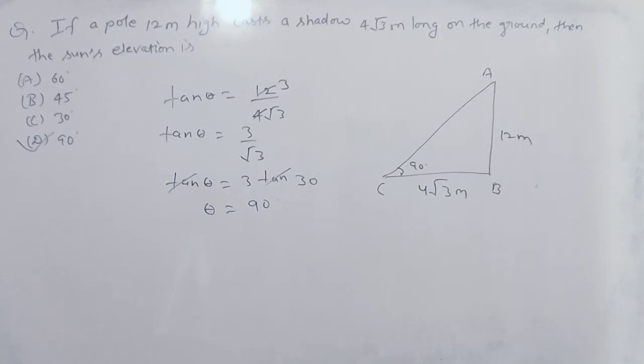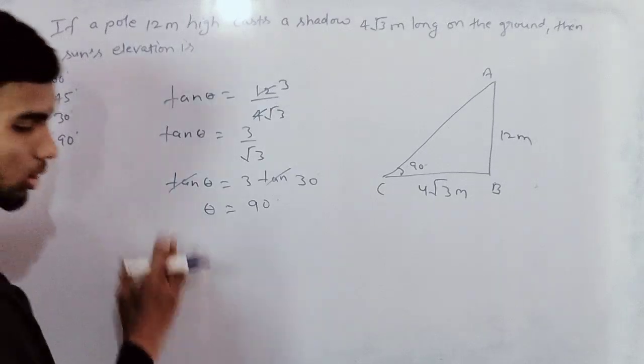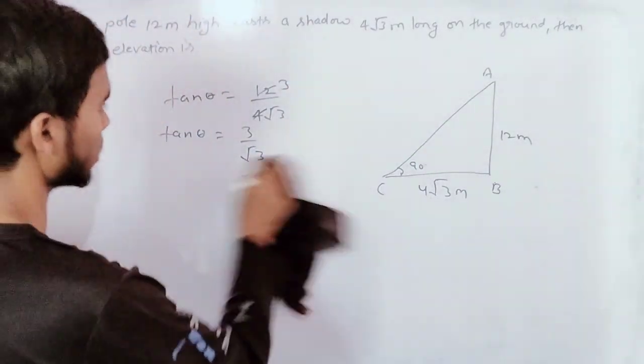So the answer is incorrect. 4 root 3, 12, 3 upon root 3. No, the answer is incorrect.